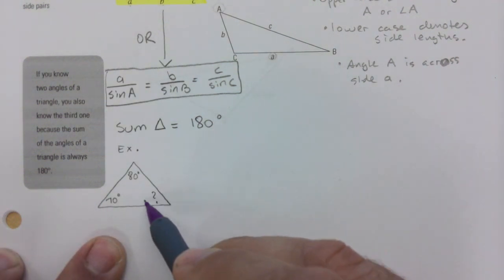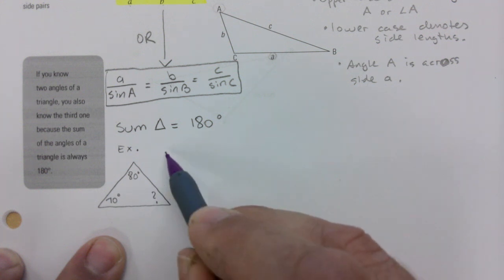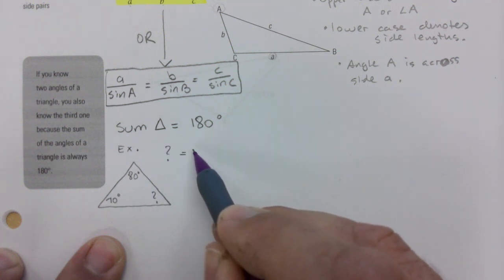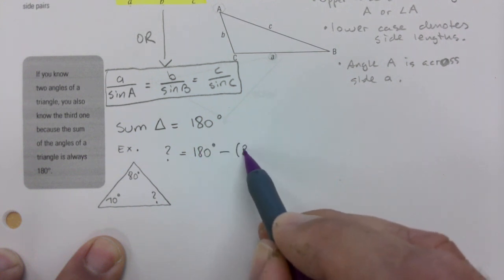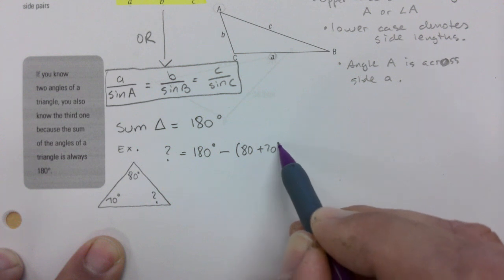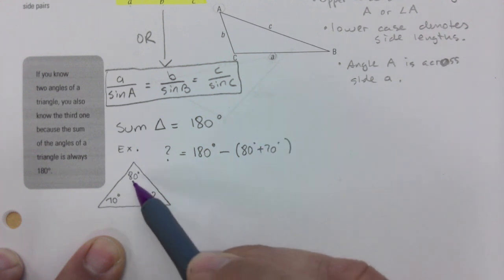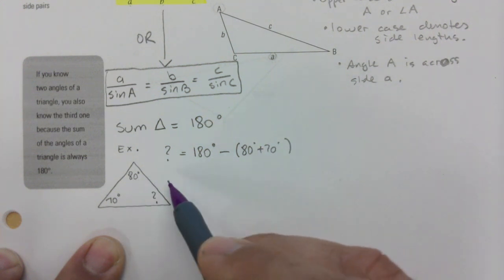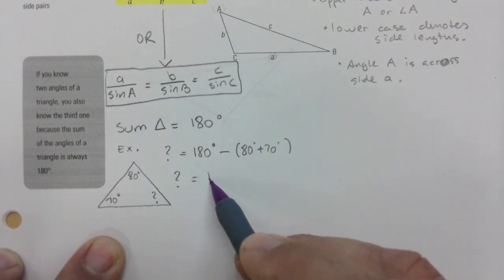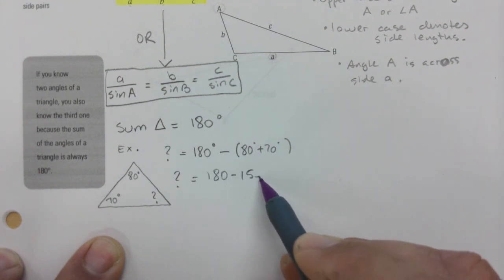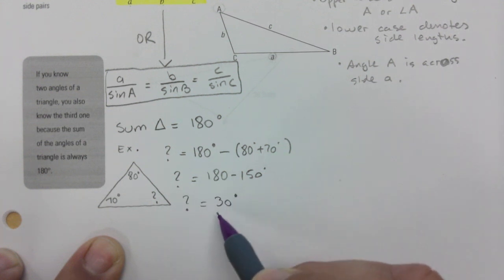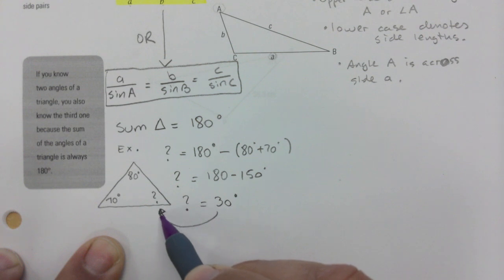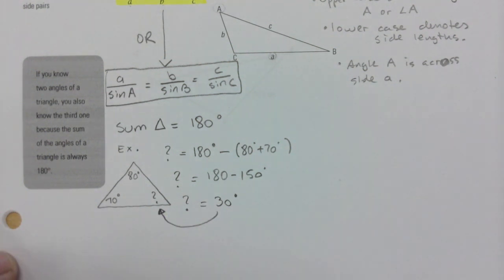Then you can easily find that third one by just simply going 180 minus 80 plus 70. Like if you add the two and you subtract that from 180, then you're left with essentially 150. So that third angle must be 30 degrees. So that's very important. Some students forget that.